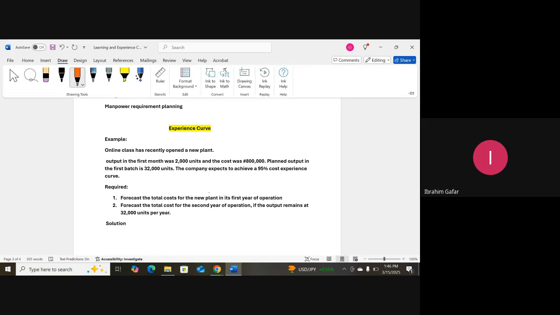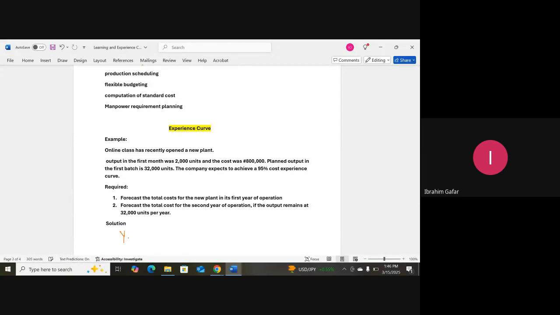So this one now, you can see that they said output in the first month was 2,000 units. You can decide to use a table, or you can decide to use a formula, whichever one you decide. We will be using a table because this one can double up.